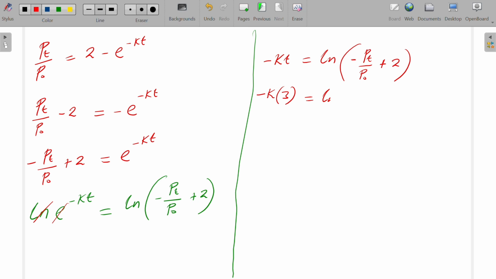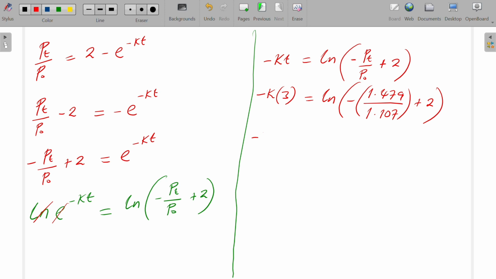And then this is equal to natural log of, now we'll have minus, on top there, our pressure at a time is given to be 1.479. And this will divide by, down there we have 1.107, like that. And this whole thing here must be added to 2. So this is what we have here.